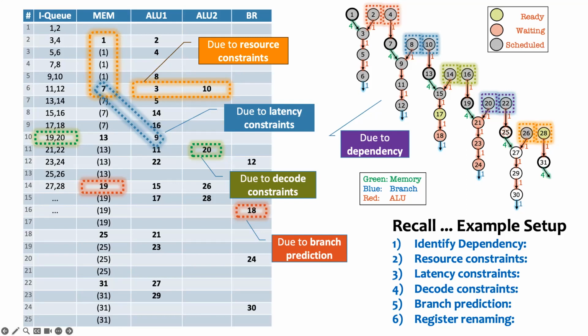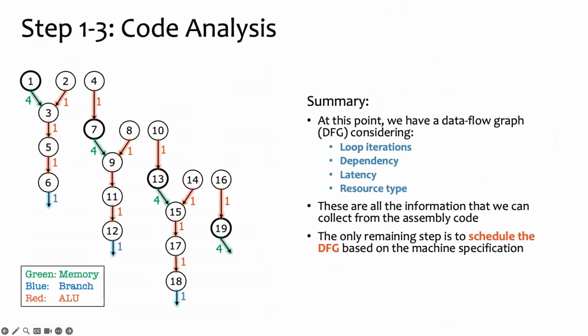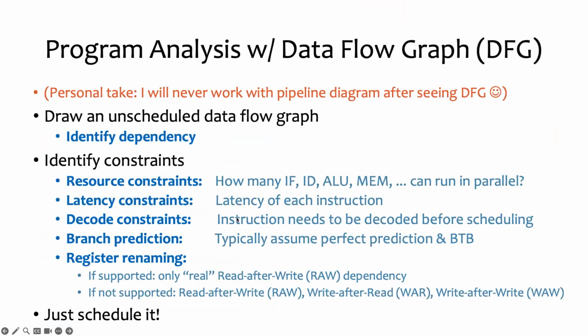I can bring up one of the previous slides. Not this one. This one. So with register renaming, you only care about true dependency. Otherwise, you need to care about all the false dependency as well.